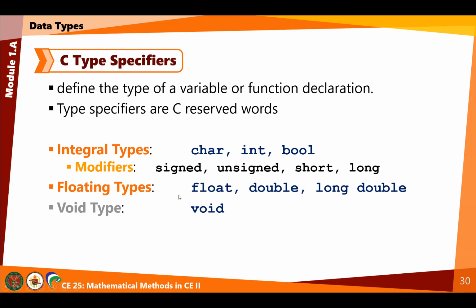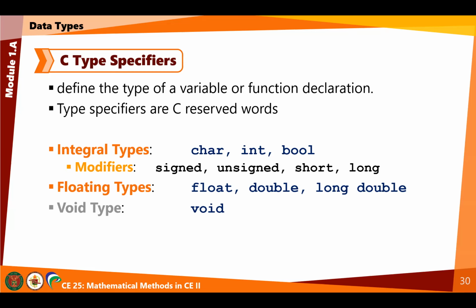And then the void type. So what is the void type? Void type is actually it has no value. Thus the name void. What it does, if it's in a function, it just tells the process. So we'll discuss more of this type, yung void type, when we discuss functions, okay? In the next modules pa yan.